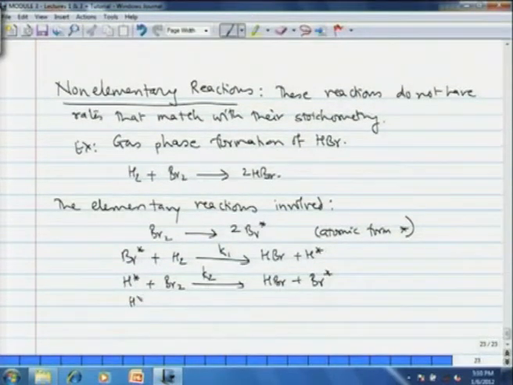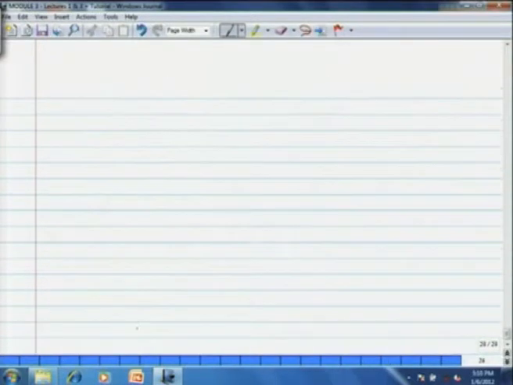H star plus HBr gives H2 plus Br star. Then 2 atoms of bromine can combine to give a bromine molecule, and 2 atoms of hydrogen can combine to give a molecule of hydrogen.